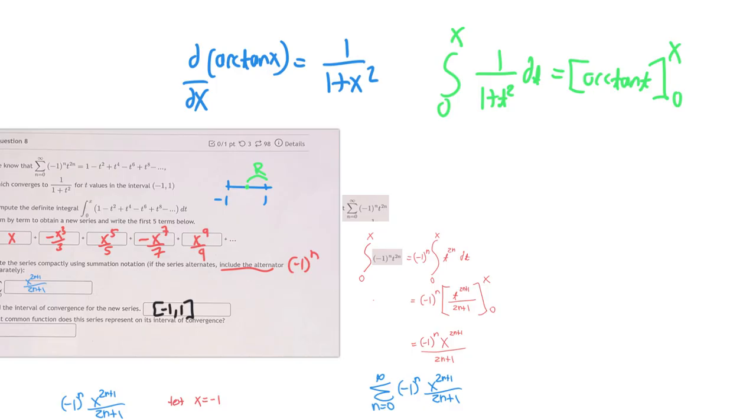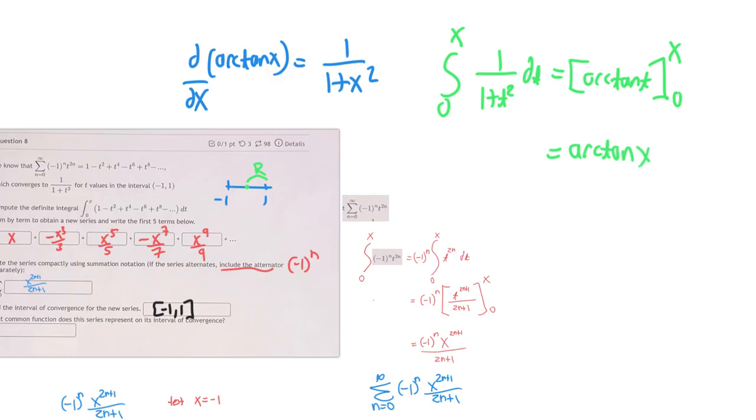Now, when you substitute 0 in for t here, you would recognize that the arctan of 0 is just 0. So therefore, this becomes arctan of x.